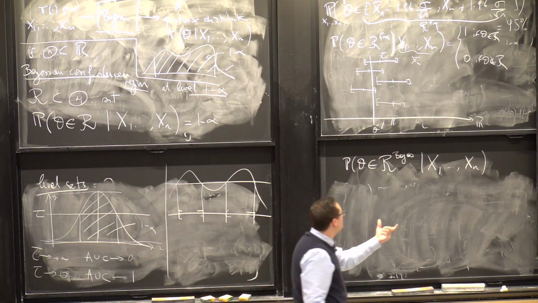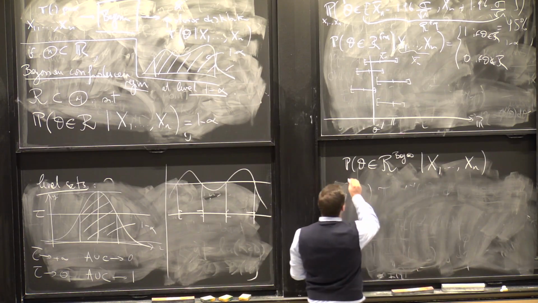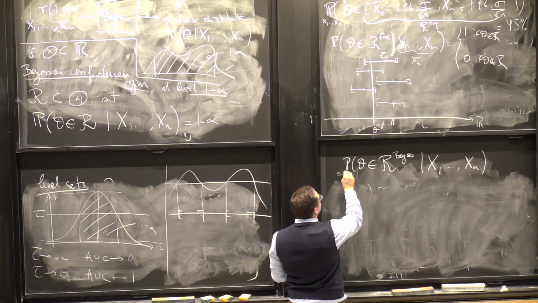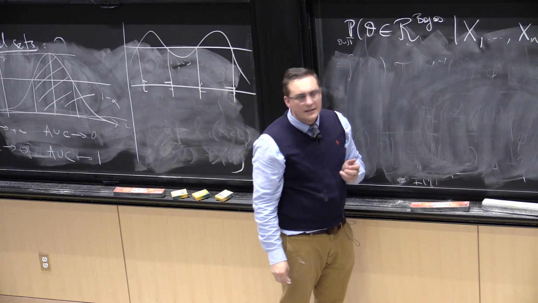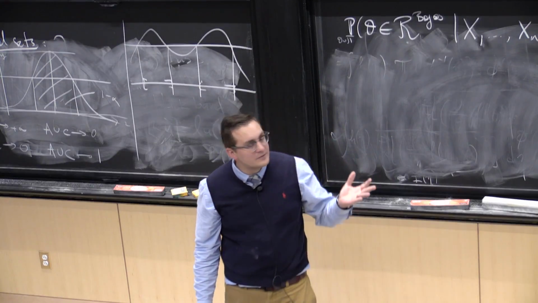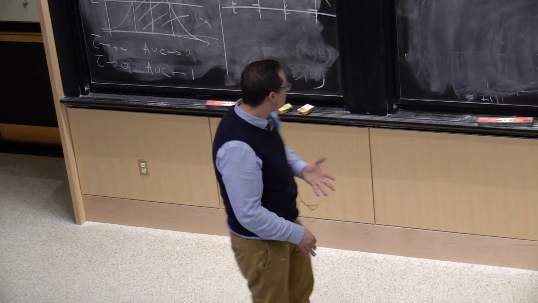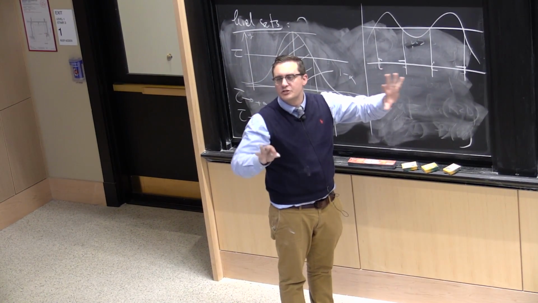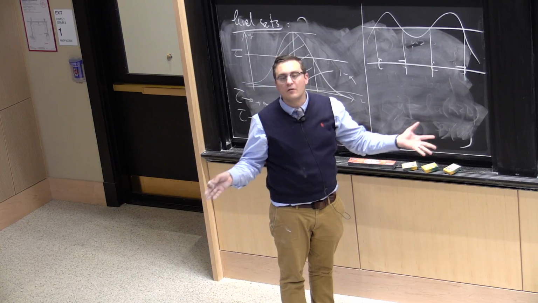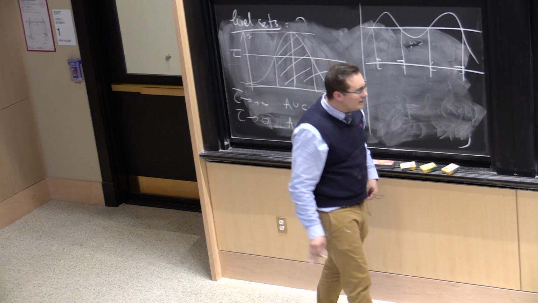Since I've conditioned on x1 through xn, this probability is really just with respect to theta drawn from the prior, right? And so now it has a slightly different meaning. It's making a statement about where the regions of high probability of your posterior are.